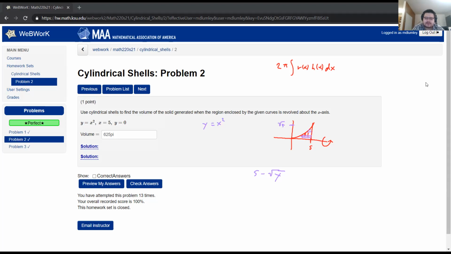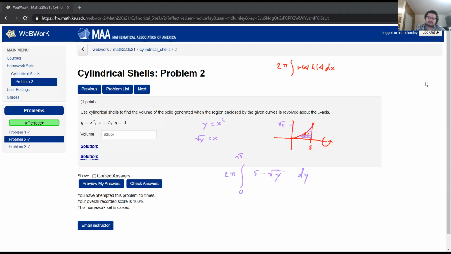In order to tilt things sideways, we solve for the other variable, so we end up with square root of y equals x. That gives us things as a function of y rather than a function of x, which is necessary because our integral for this problem is going to be in terms of y, because the problem wants us to use the shell method. And so now we have 0 to root 5. Now we have a 2 pi in front.